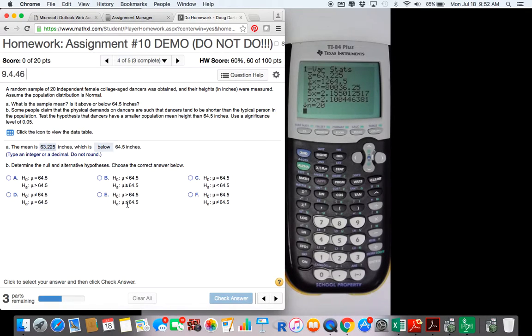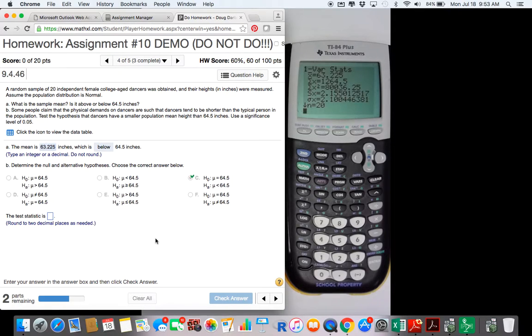Not less than or equal to, just strictly less than, so I know that C has to be the case. Guys, your null hypothesis is always just equal to, not greater than or equal to. I've addressed that in previous videos, but it's always equal to, and then your alternative hypothesis is a contradicting statement. So we know that's going to be good.